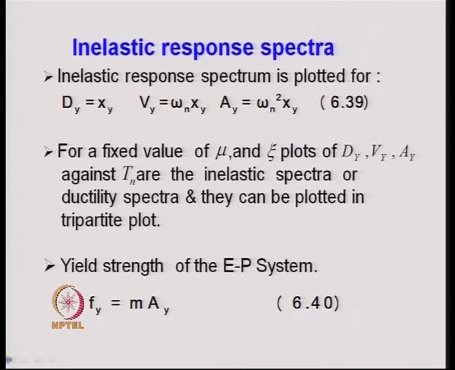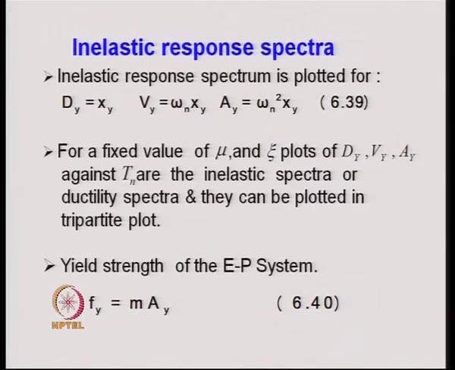For a fixed value of mu and xi, plots of dy, vy and ay against Tn are the inelastic spectra or ductility spectra, and they can be plotted in a tripartite plot. That is what I told you.